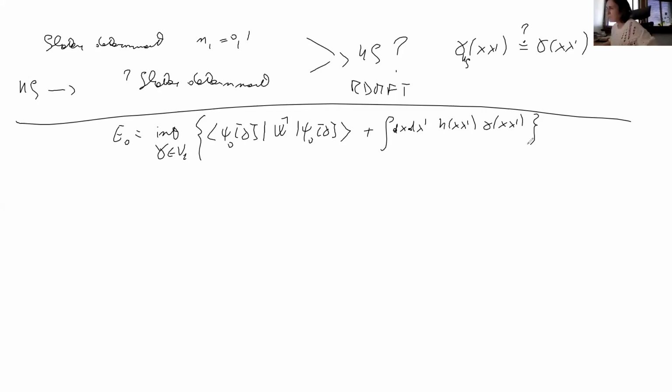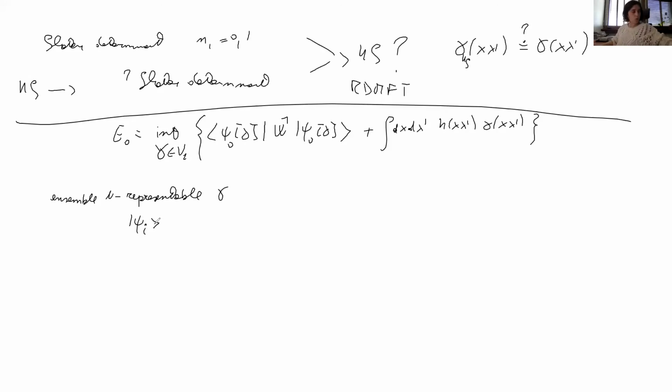So what do we mean by ensemble? Gamma is said to be ensemble N-representable if we have a set of what we call pure states. A pure state is what we have used so far, essentially our state vector in the Hilbert space.